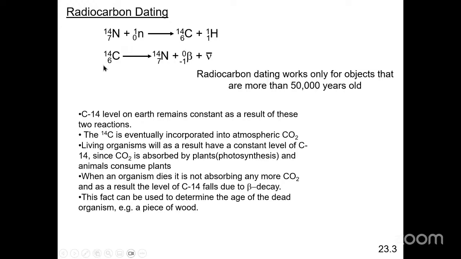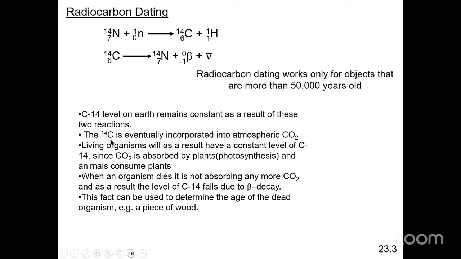And then after that, the carbon-14 itself will undergo beta decay to reform nitrogen-14. So basically you have these two reactions taking place, and the consequence of that is that the amount of carbon-14 on Earth remains pretty much the same, because as soon as carbon-14 is produced, it's used up, right? So the level of carbon-14 on Earth remains the same as a result of these two reactions.